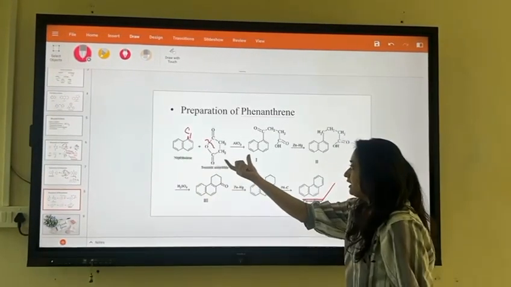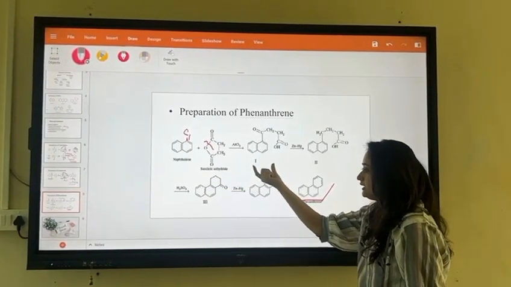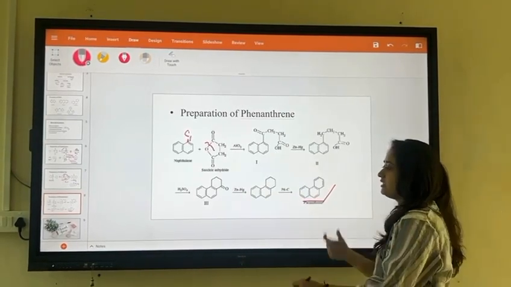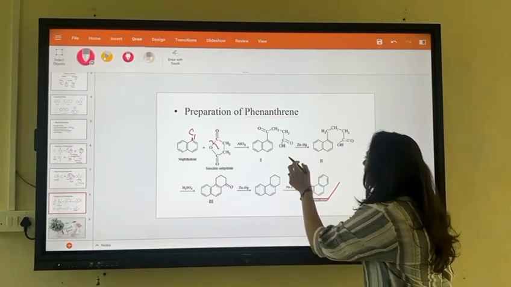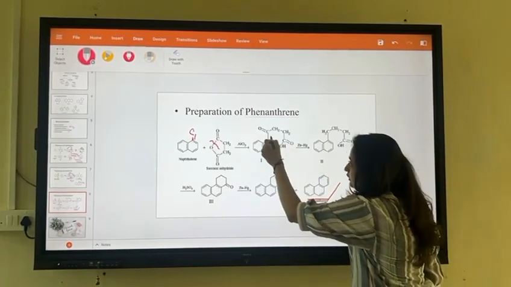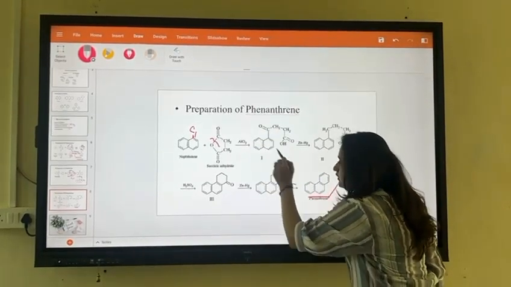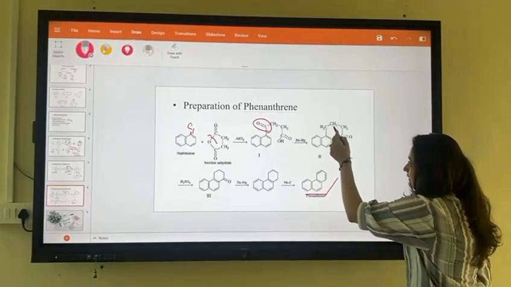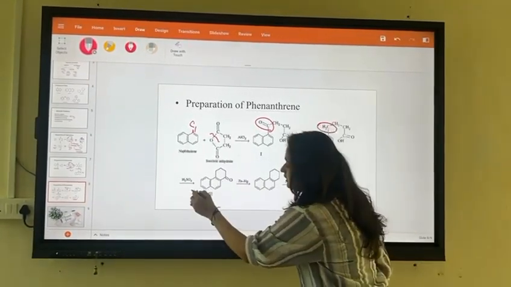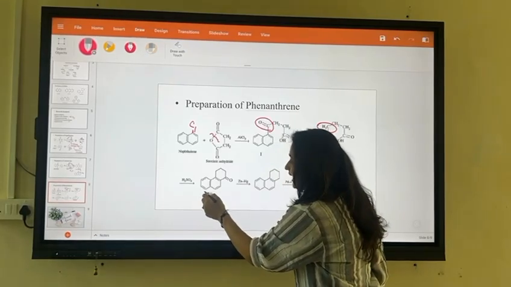After the acylation step, intermediate 1 undergoes the Clemmensen reduction in the presence of zinc amalgam and HCl. In the Clemmensen reduction, ketone groups are reduced to form the methylene or alkyl derivative. Then this alkyl derivative is reacted with sulfuric acid for the cyclization step.